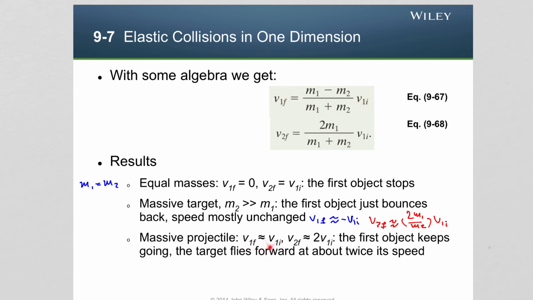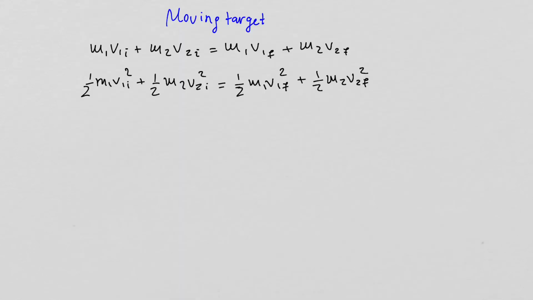And then the final velocity of the target, the golf ball, will be approximately 2 times the initial velocity of the projectile, the cannonball. So again, when the target is much lighter than the projectile, we ignore the mass of the target. For a moving target and moving projectile, the conservation of linear momentum and kinetic energy expressions change a little bit.